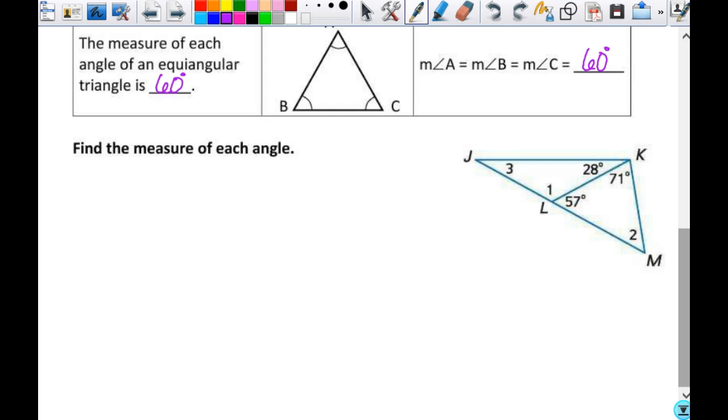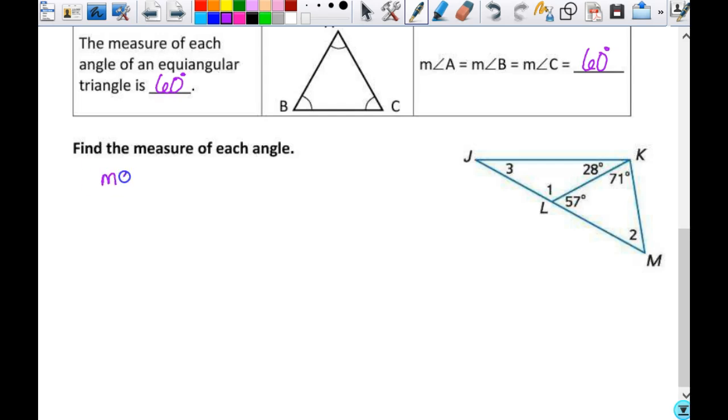All right, so we're going to find the measure of angle 1. Aiden, tell me what you know about angle 1. Yeah, exactly. It's a linear pair. And so we know a linear pair is what? Supplementary, right?